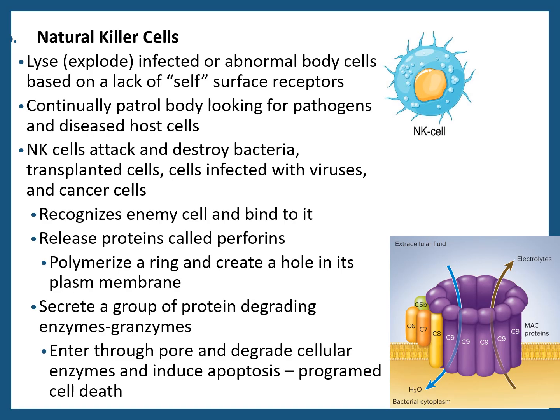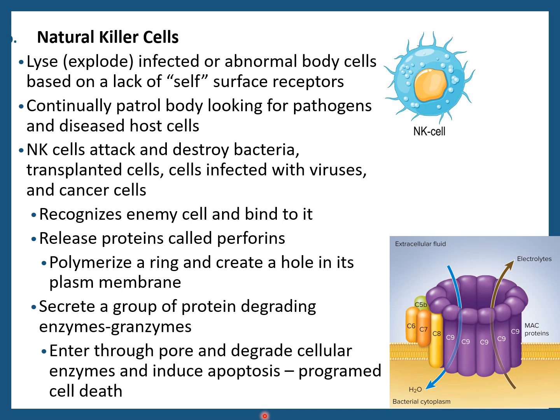And so natural killer cells are another one of these cells that will go around and travel throughout the body, continually looking for pathogens and diseased host cells. But these are more of a dendritic cell. That's why they have these dendritic processes on them. And when they find these cells, they will explode open or lyse that infected cell based on lack of identity.